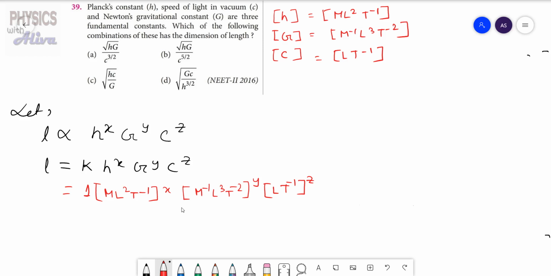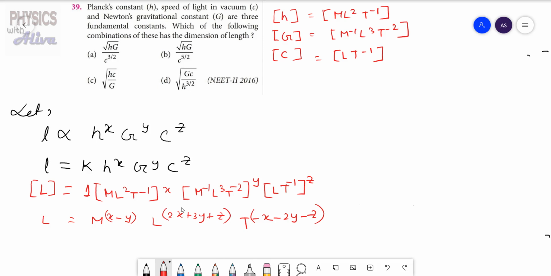And at the left hand side, L is the only dimension. Now from here we can write M to the power x minus y, L to the power 2x plus 3y plus z, T to the power minus x minus 2y minus z. Right. Now we can equate the dimensions of the left hand side and right hand side.